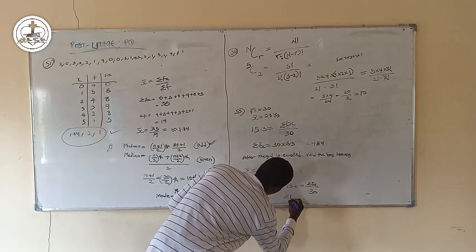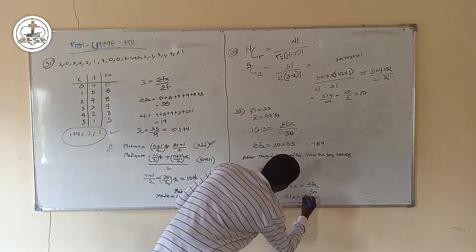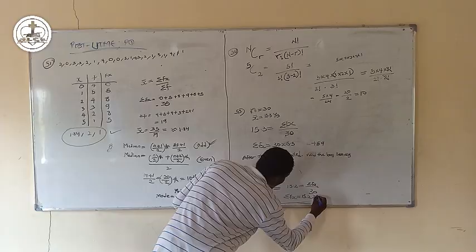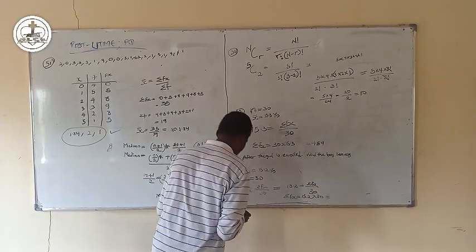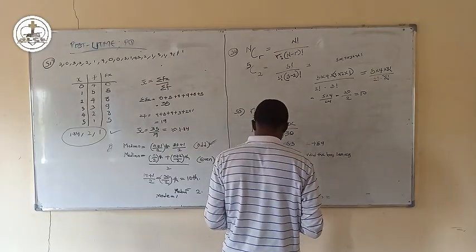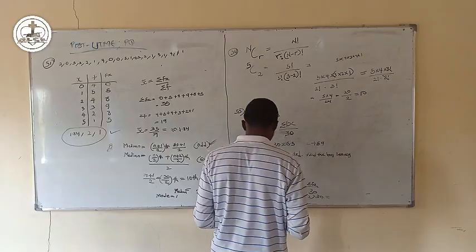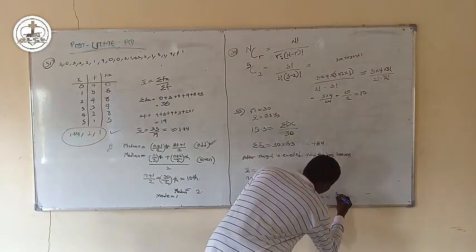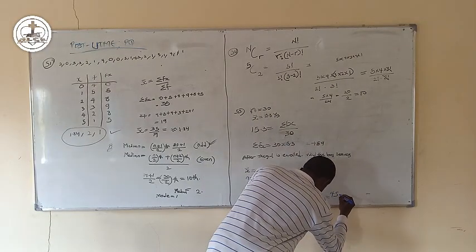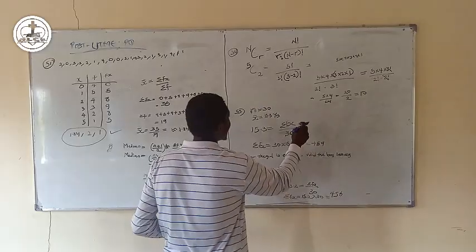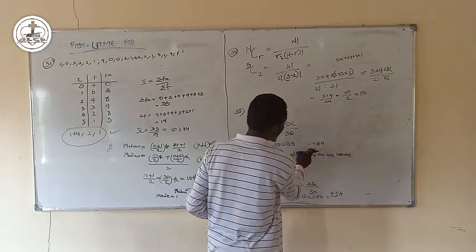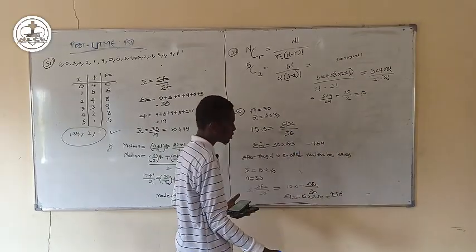So our summation fx will be 15.2 times 30. Let's use our calculator. 15.2 times 30, we have 456. Now, our previous one was 459. Can you see the difference now?